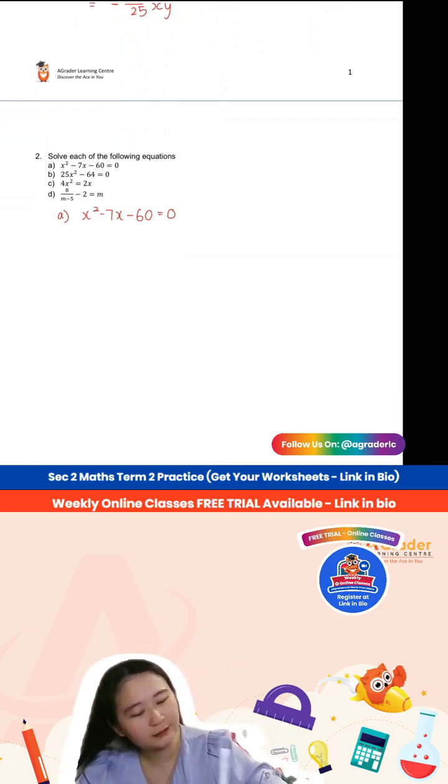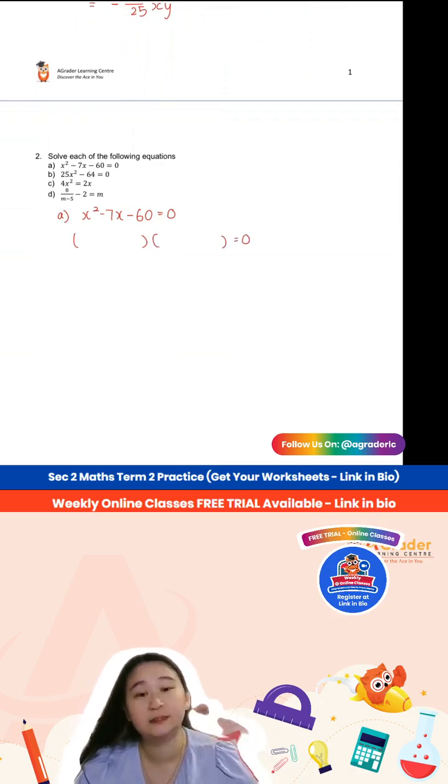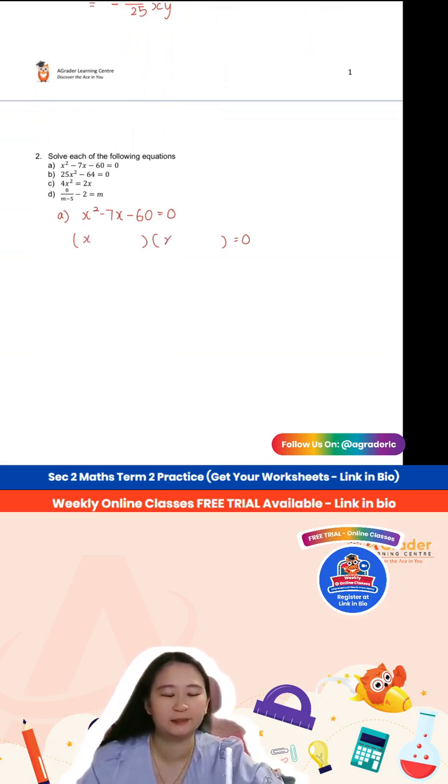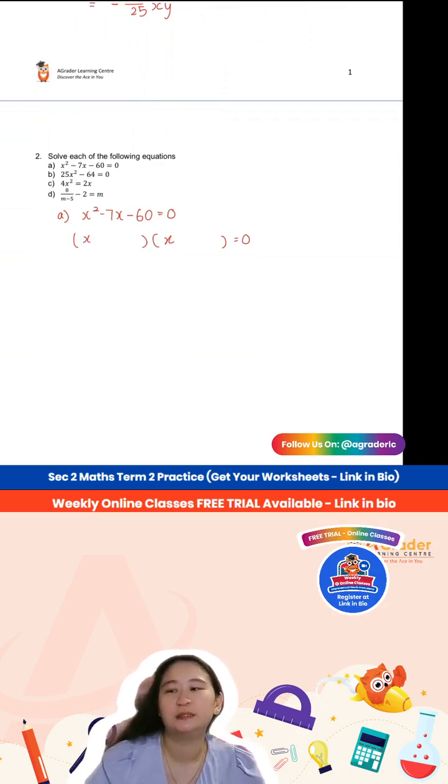You can draw two brackets to factorize. Then we always look at the first term and the third term to help us with the factorizing. X squared can only come from x times x. Then for 60, we look at the factors of 60, which pair will give us a difference of 7.